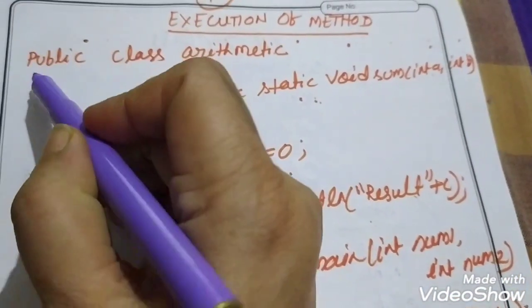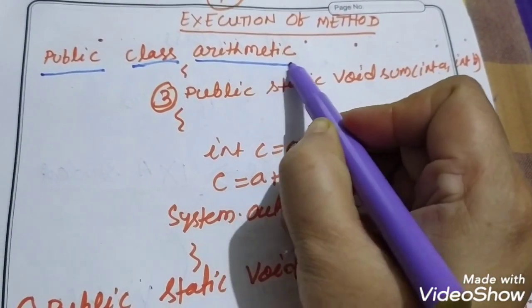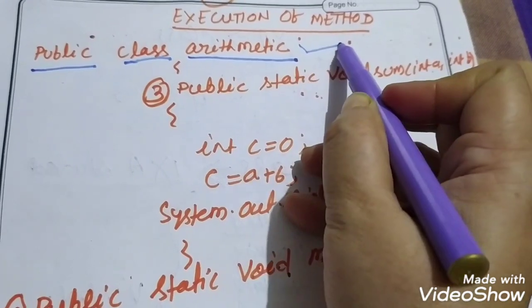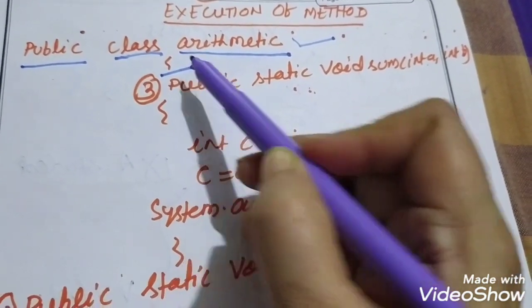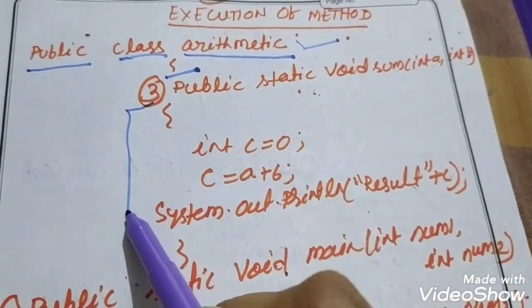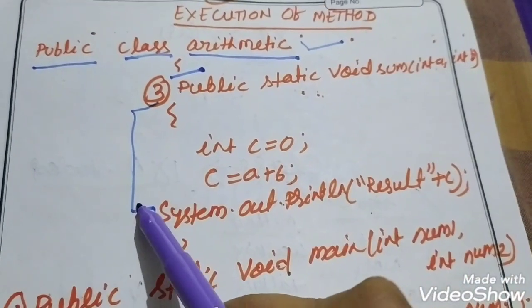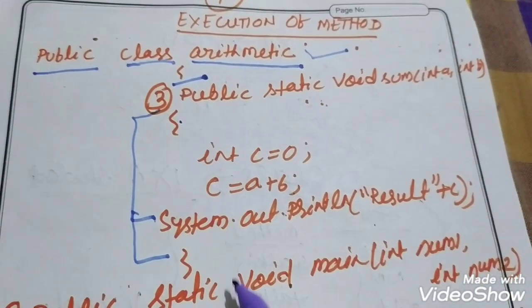The class name is public class Arithmetic. What is the name of the class? Arithmetic. Now it starts with the curly braces. Then the method is written here, the whole method, starting with the curly braces and ending with the curly braces.